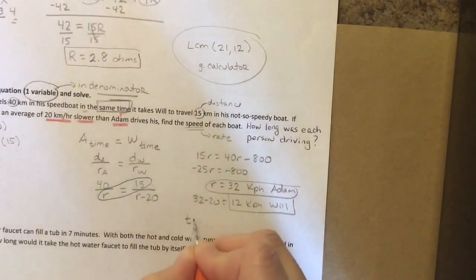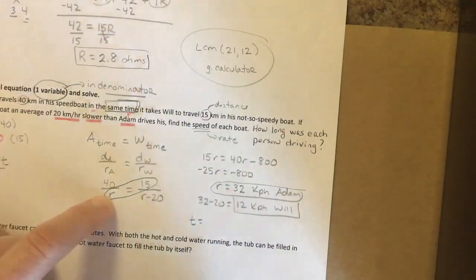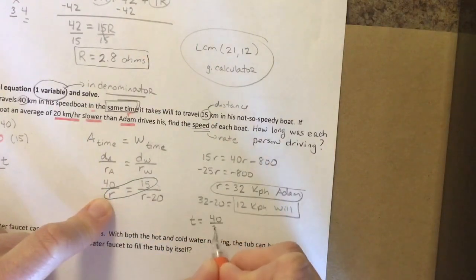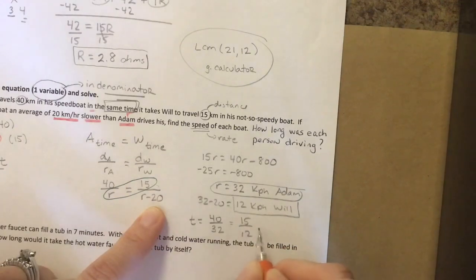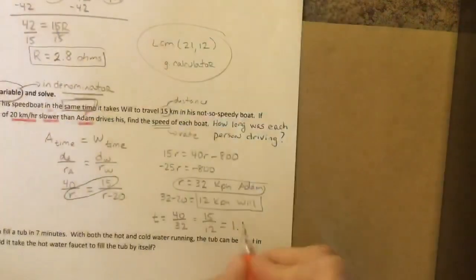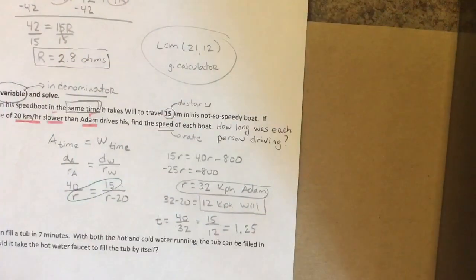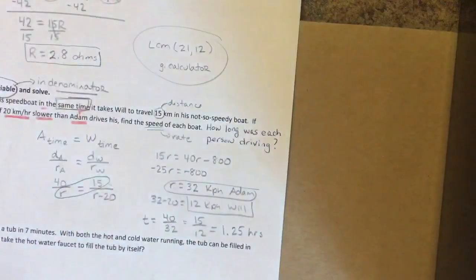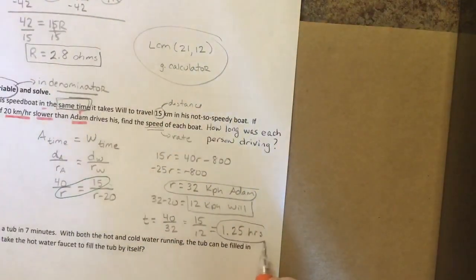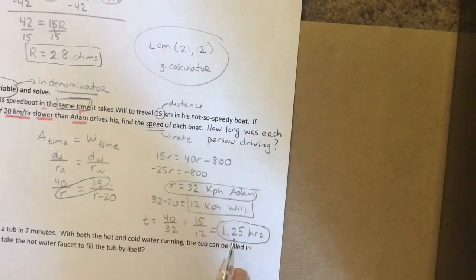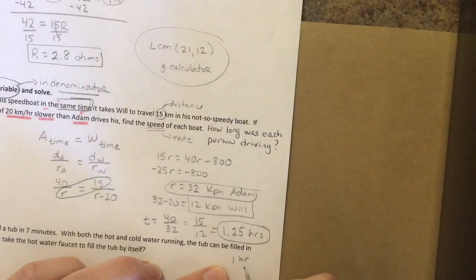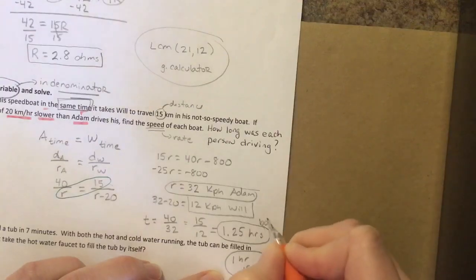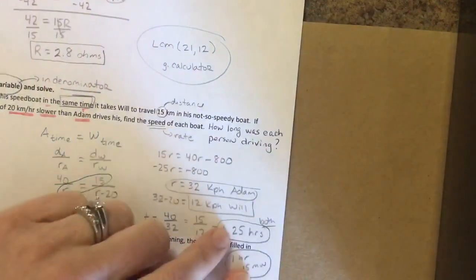So I could divide 40 by 32, or I could divide 15 by 12, same thing. And that is 1.25 hours. And what's 0.25 of an hour? A quarter of an hour is 15 minutes. So 1 hour, 15 minutes. That's for both. Each person had the same time.